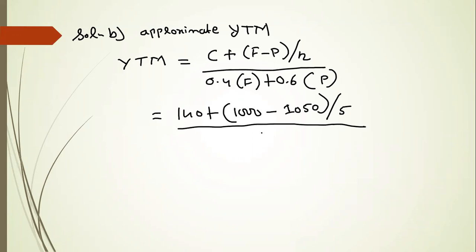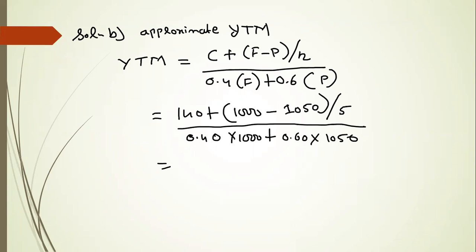So whole divided by 0.40 into 1000 plus 0.60 into 1050. So if we simplify this, we get the value.